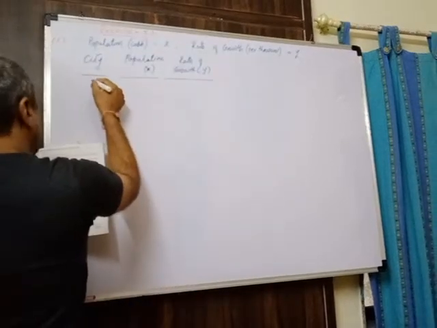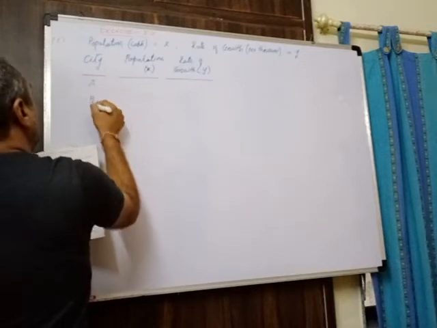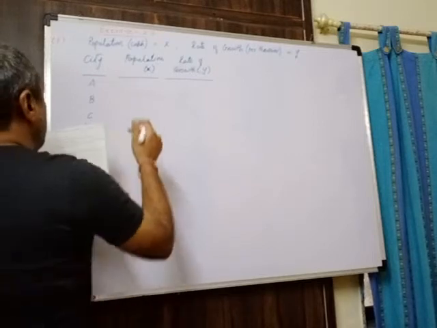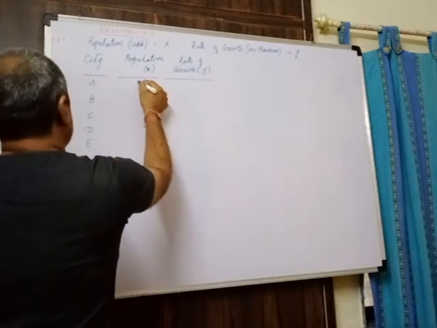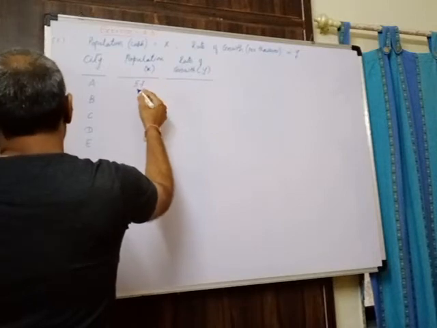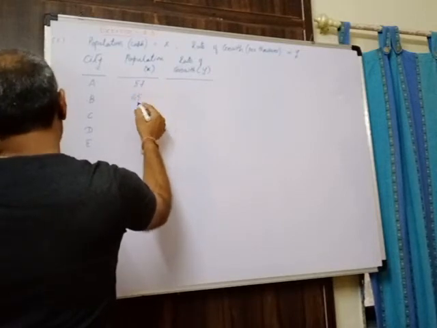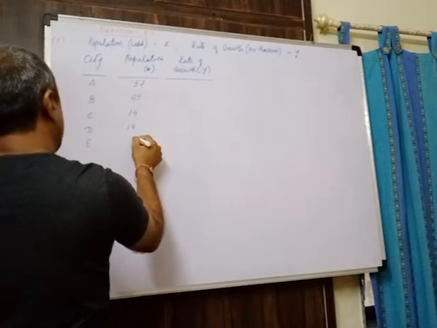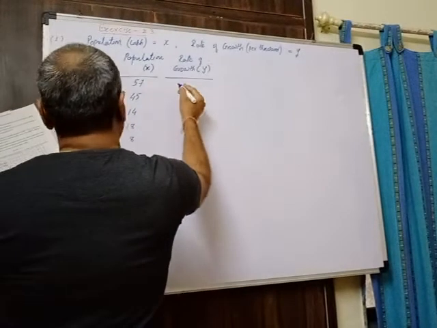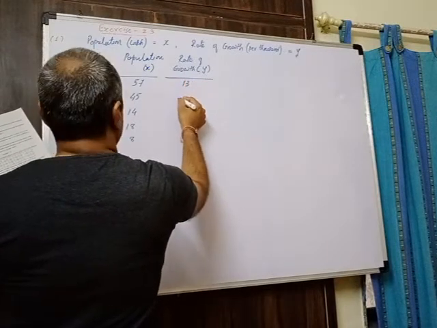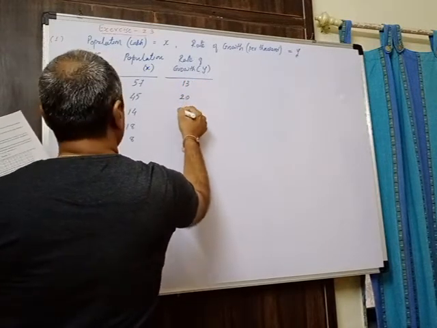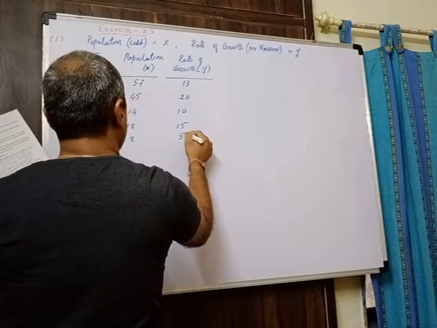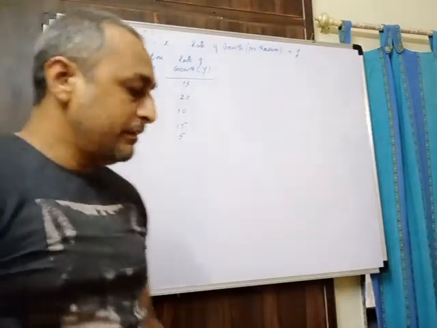So the cities are A, B, C, D and E, and the population values are 57, 45, 14, 18 and 8. Then the rate of growth is given as 13, 20, 10, 15 and 5. These are the values available.